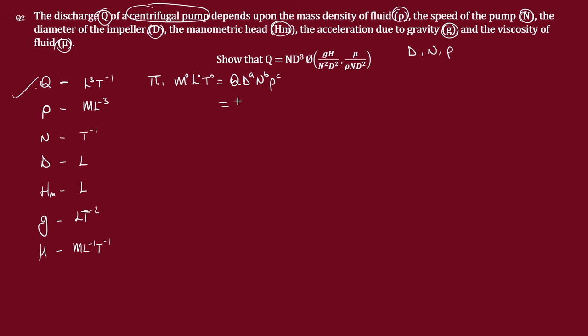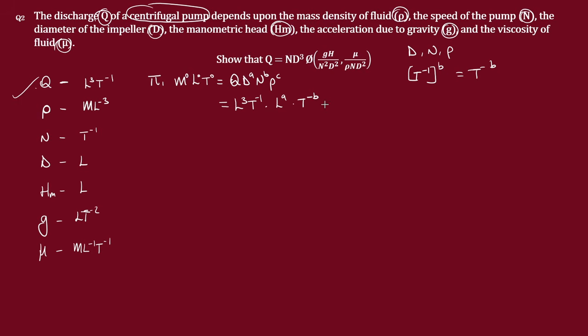We're going to have to expand this dimension, so Q is the discharge rate, so that's L cubed per time. D is a diameter, L to the a. N is time to the minus b, so we're going to do T to the minus 1 raised to b. So that's going to be T raised to power minus b.